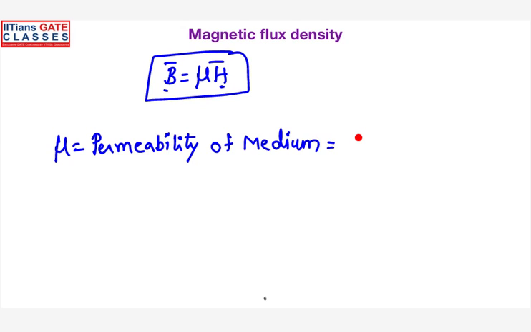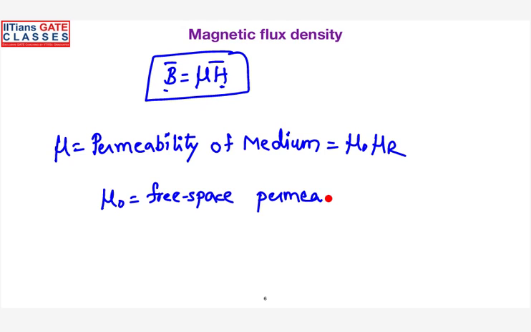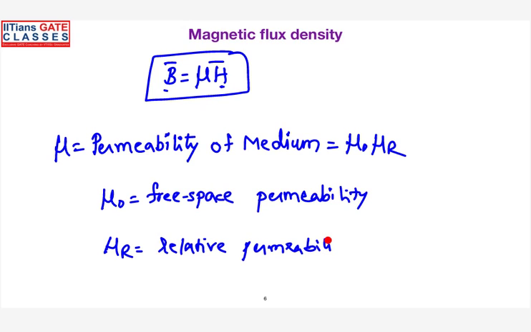So mu is related as mu naught into mu r, where mu naught is the free space permeability, and mu r is the relative permeability. The free space permeability value is 4 pi into 10 to the power minus 7.